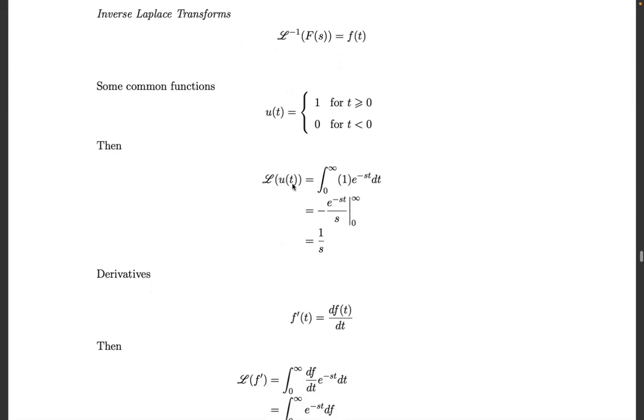Then the Laplace transform of u(t) equals the integral from 0 to infinity of 1 times e to the minus st dt, which equals minus e to the minus st over s, from 0 to infinity. So we get the result 1 over s.